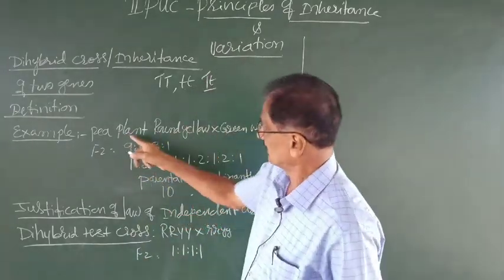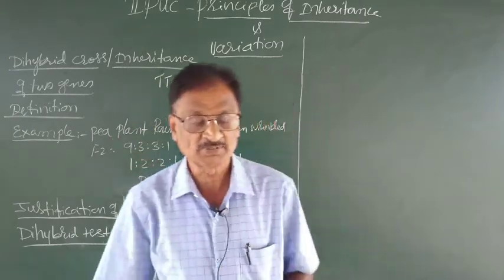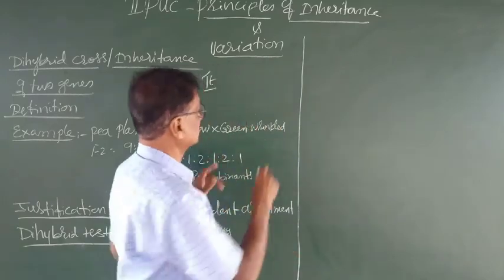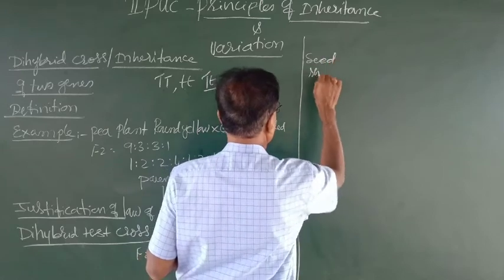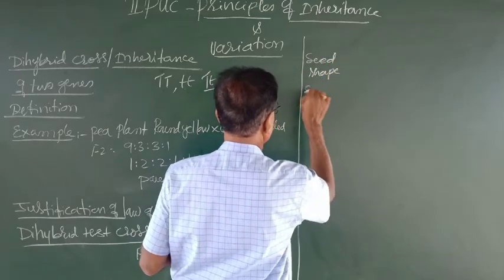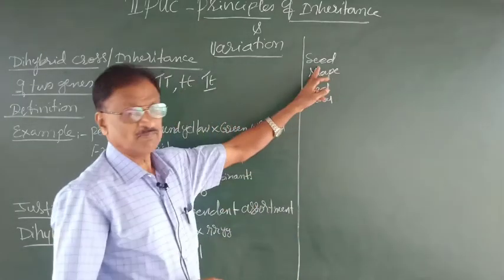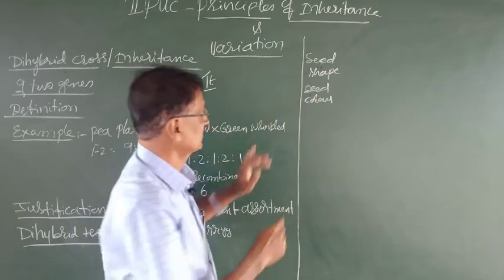Here we have to consider two pairs of contrasting characters. One is seed shape and another is seed color.